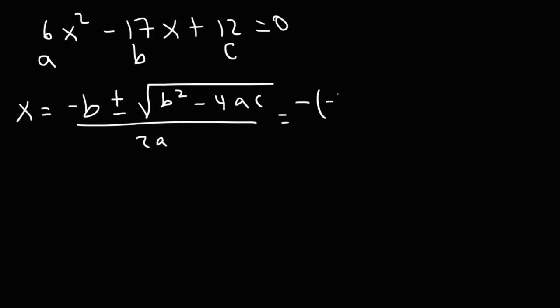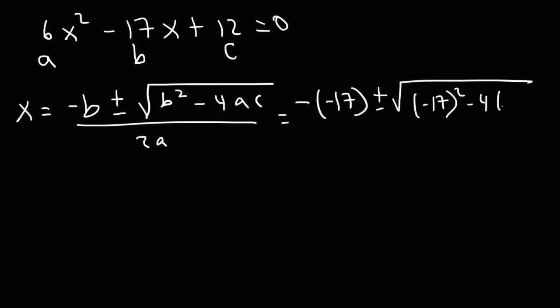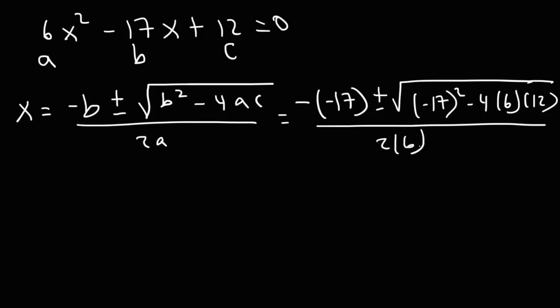So b is negative 17, and then we have b squared, that's negative 17 squared, minus 4, a is 6, c is 12, divided by 2a, or 2 times 6. So we have negative times negative 17, that becomes positive 17.